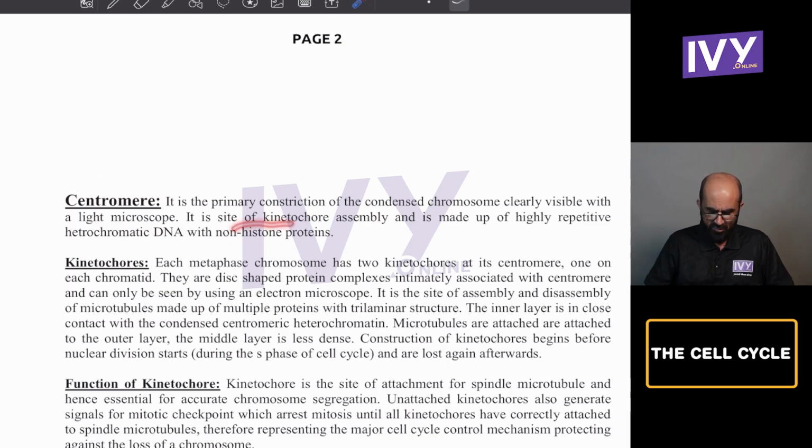It is the site of kinetochore assembly. I told you that kinetochore is one of the proteins located on the centromere. So it is the site of kinetochore assembly. I mean, they are used to assemble the kinetochore on the chromosome, and it is made up of highly repetitive heterochromatic DNA with non-histone protein.